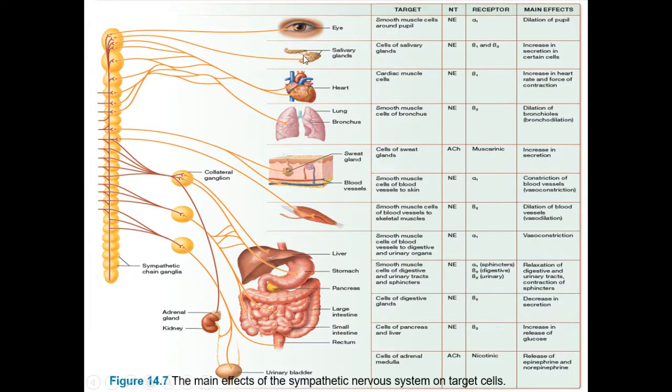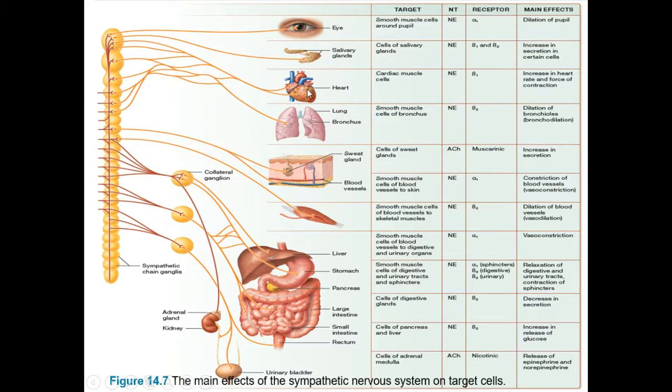Essentially, what it comes down to is digestion, right? During fight or flight, you might not want to be digesting too much. You want to allocate most of the energy to fighting or fleeing from a situation. That's basically what it is, and salivary glands are digestive.